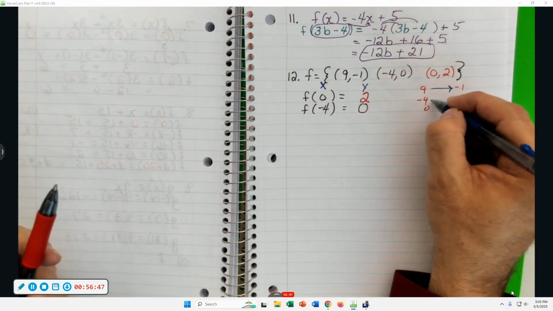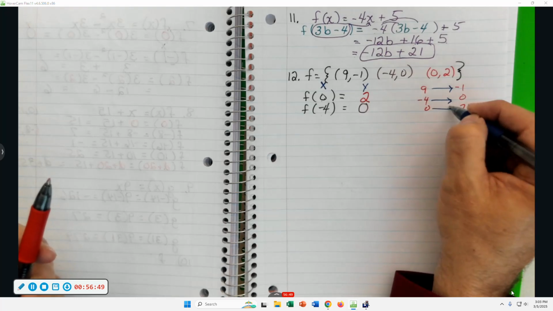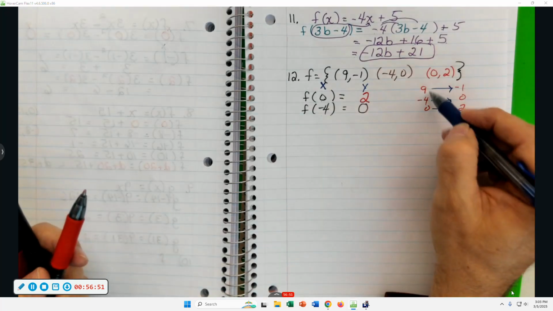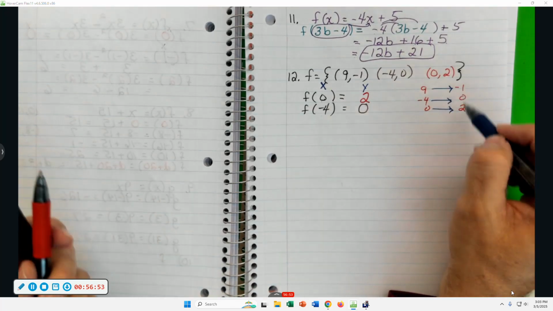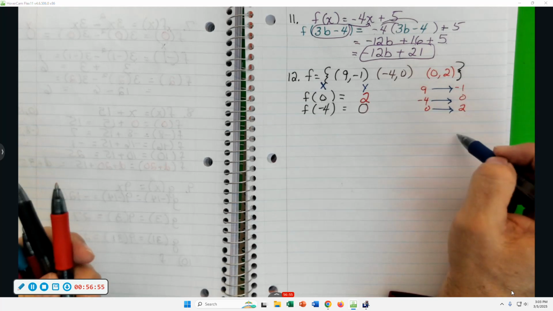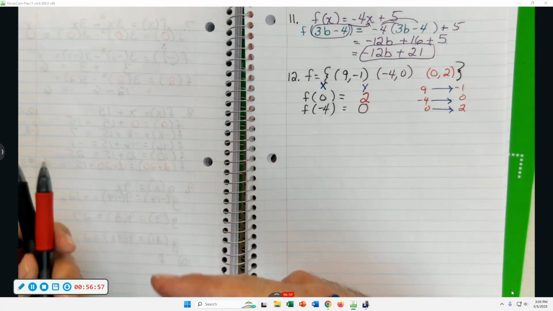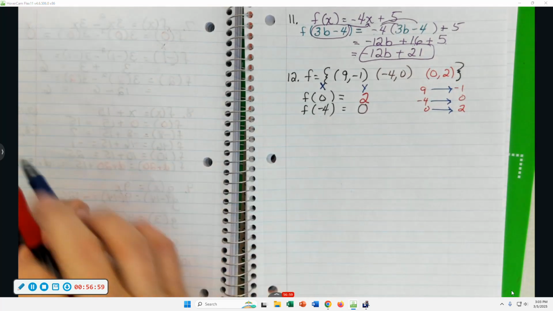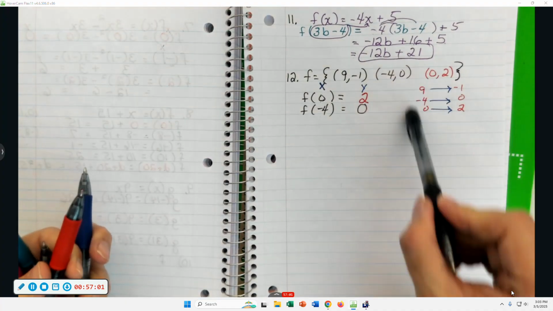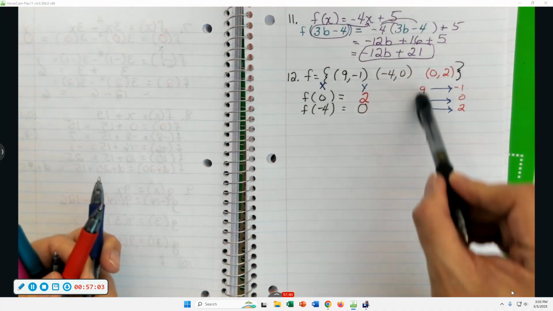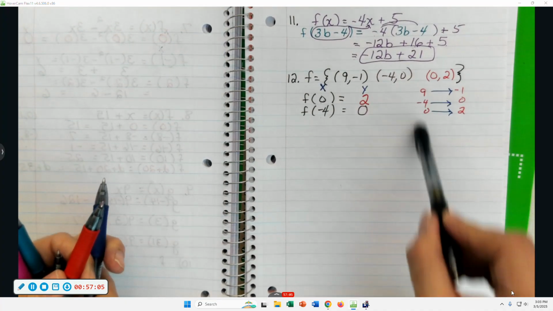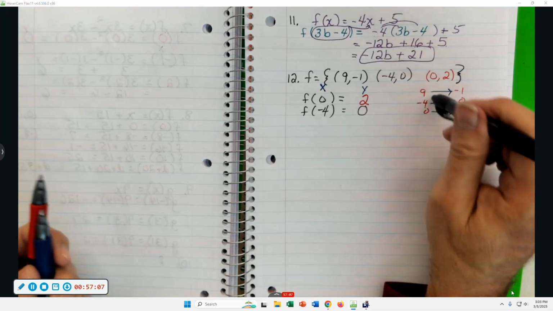There's no x value of 5. Each x value is assigned exactly one y value. If you had it listed out here, 5 isn't listed in the domain.